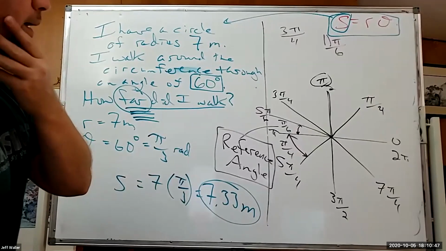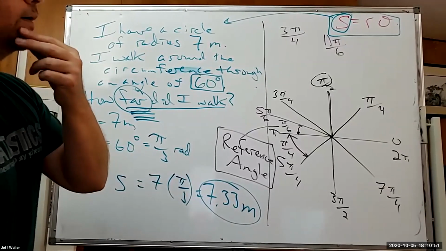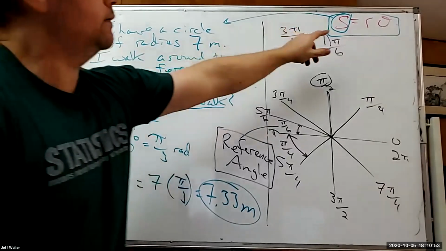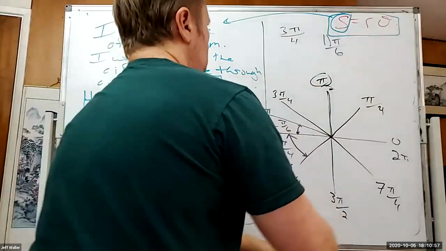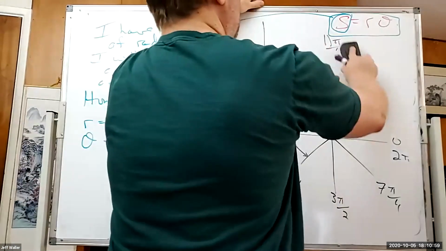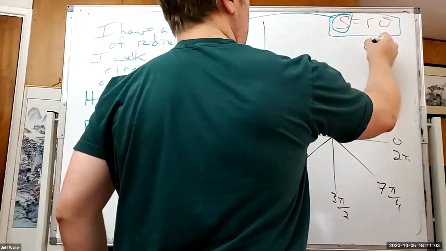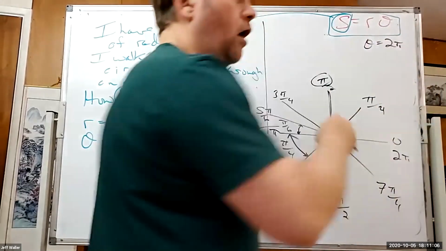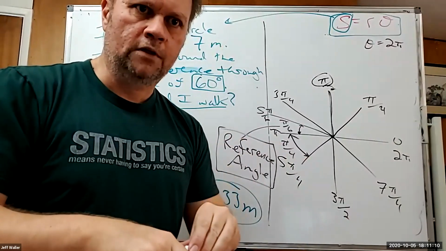Okay, let me stop for a minute. The interesting thing about this is, I want you to realize something. If my angle theta is 2 pi radians, if I walk that many radians, didn't I walk around the whole circle?